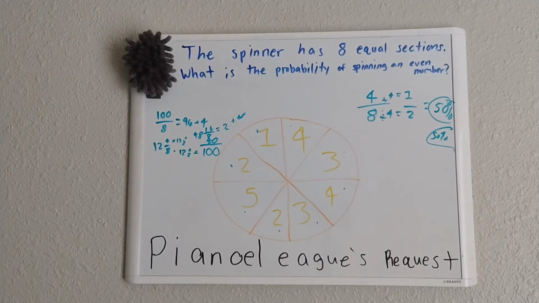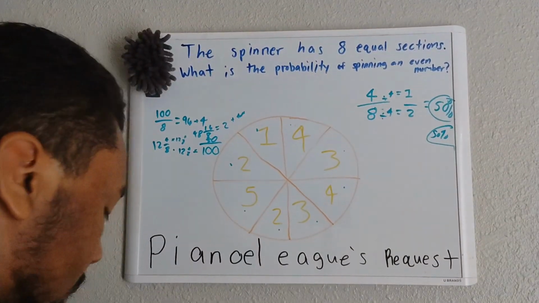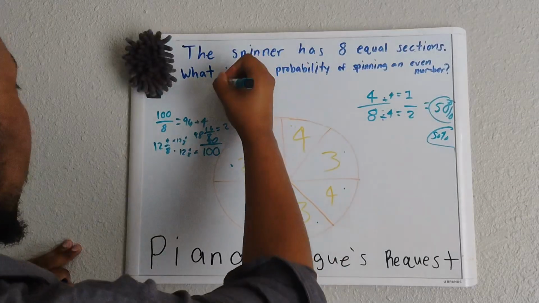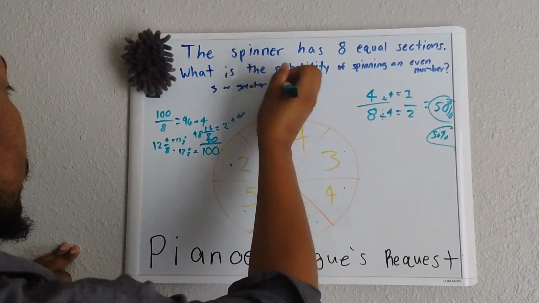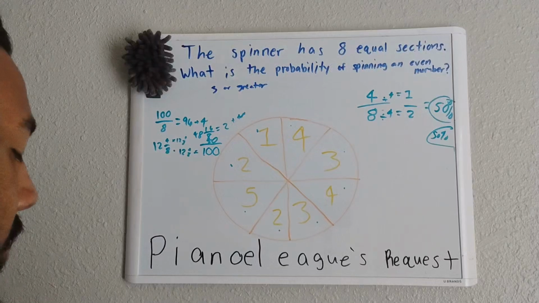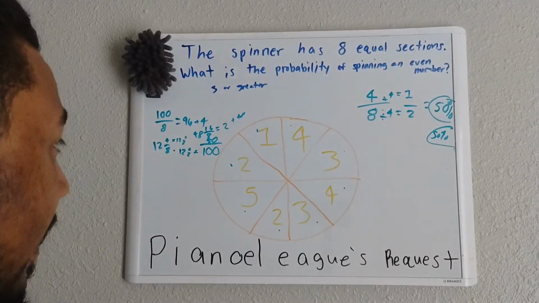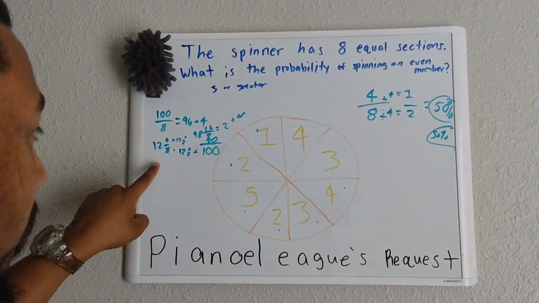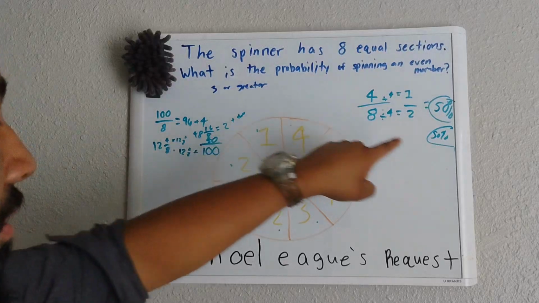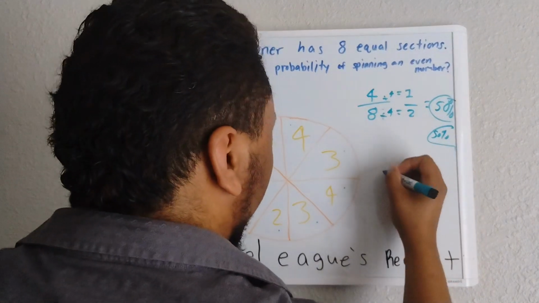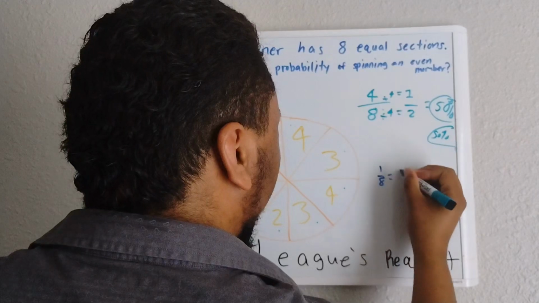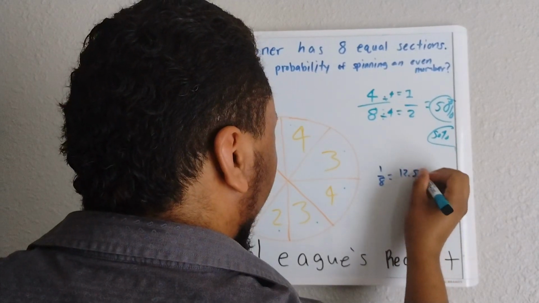What about rolling a 3 or greater? Well, we know that an eighth equals 12.5%.